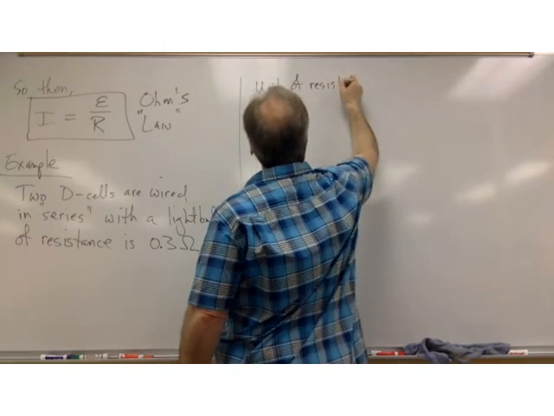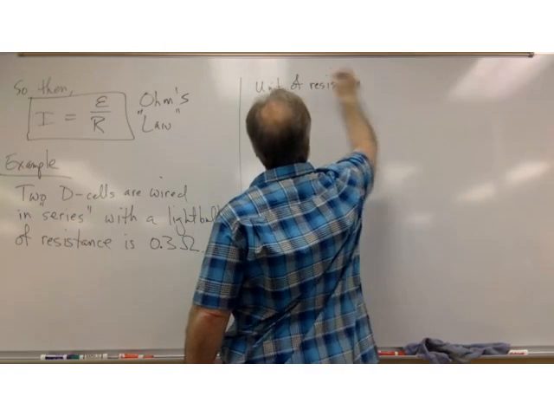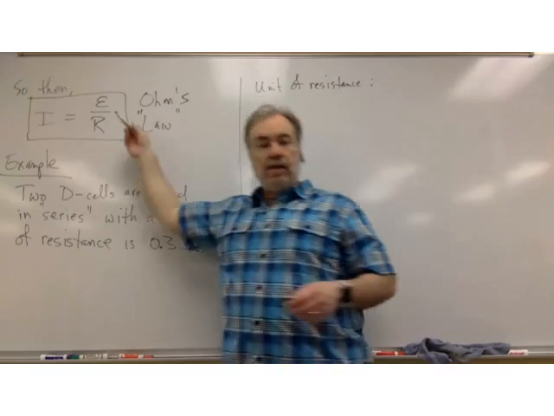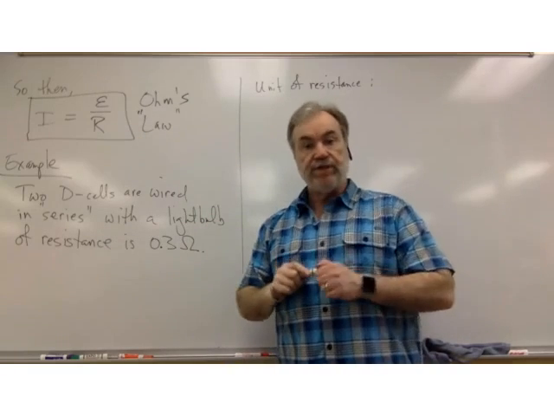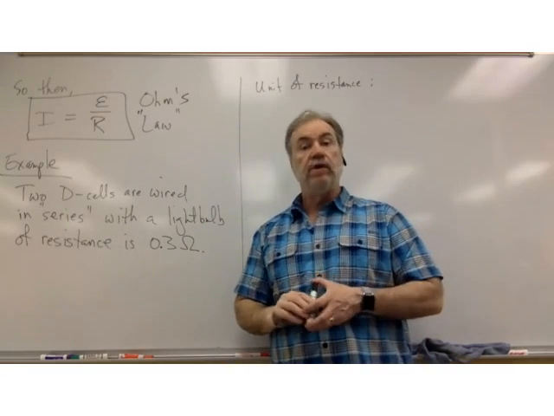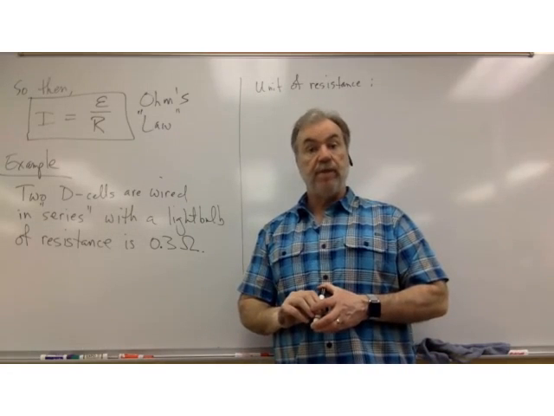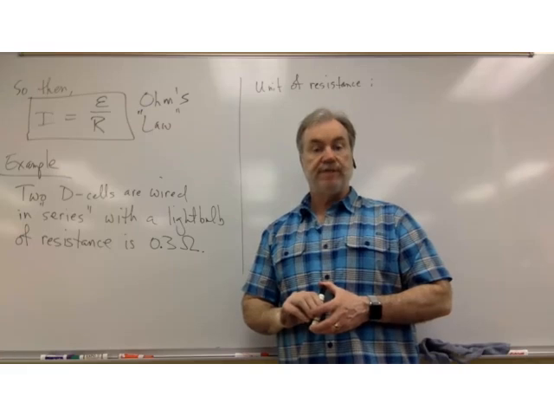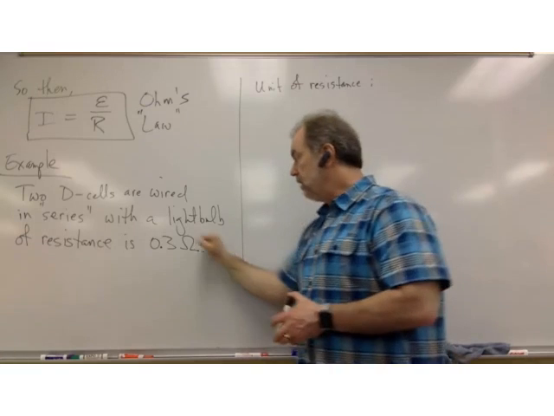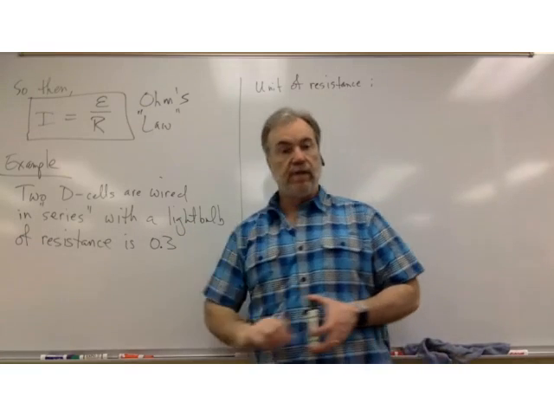The unit of resistance. Not only did Ohm get this mathematical relationship named after him, he also got the unit of electrical resistance named after him. The unit of electric resistance is called the ohm.